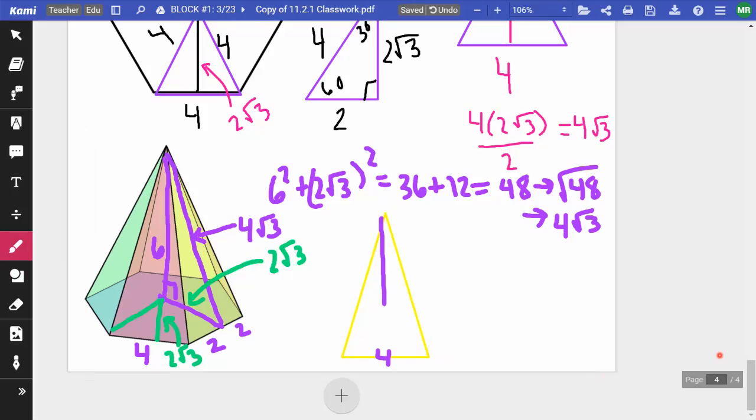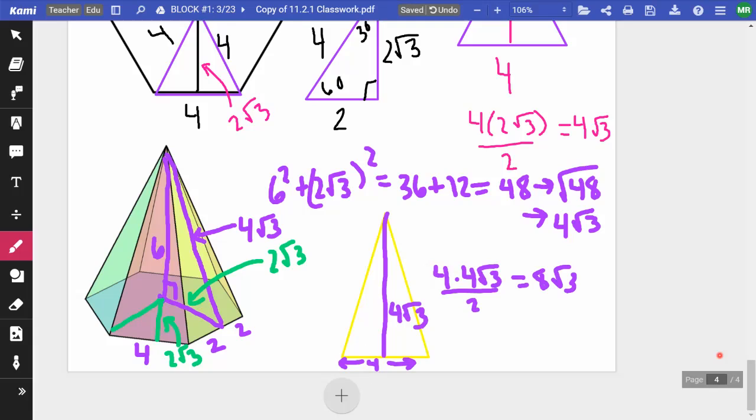The height of it is what I just found, which is 4 root 3. The base going across the bottom is 4. So the area of this triangle is going to be 4 times 4 root 3 divided by 2, which is basically 8 root 3. So each of these triangles is going to be 8 root 3.